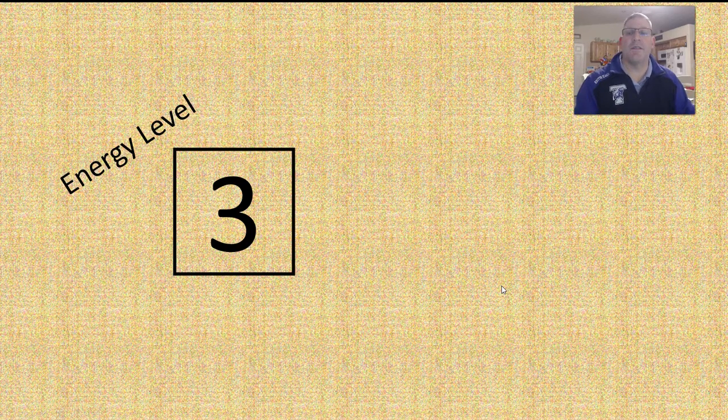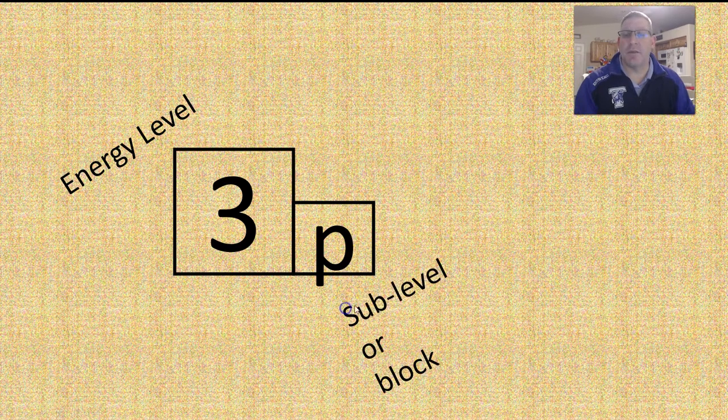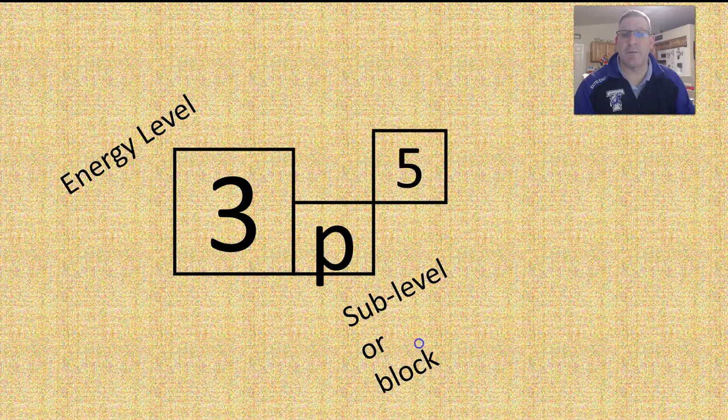So here's a breakdown of how the numbers are listed. I've got a large number there, and let's just call this number 3 for energy level number 3. And then next we list our sublevel, which we can identify as either a sublevel or we can recognize it as a block on the periodic table, depending upon the method that we want to use to find our electron configuration.